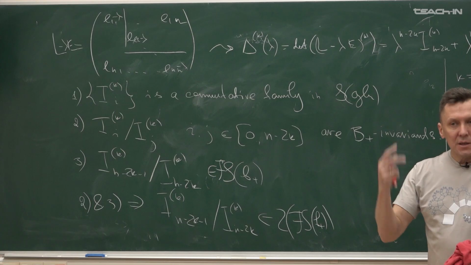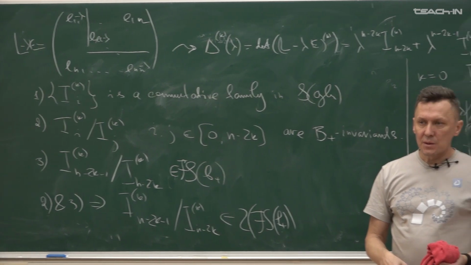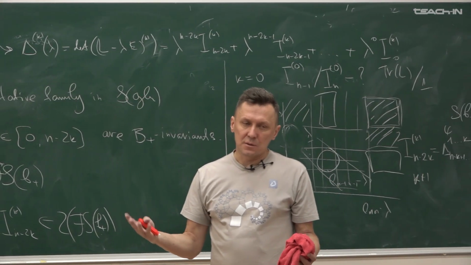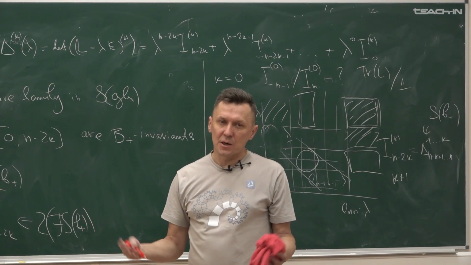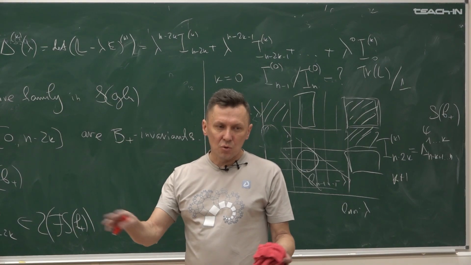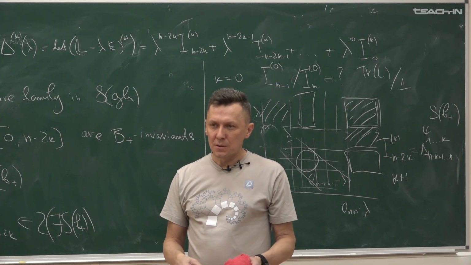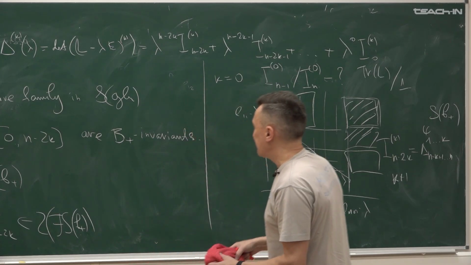And that's why these coefficients are Casimir functions for the Toda system. They are trivial functions. They are constant for the physical model. They commute with all Hamiltonian vector fields on this space. Okay, very good.